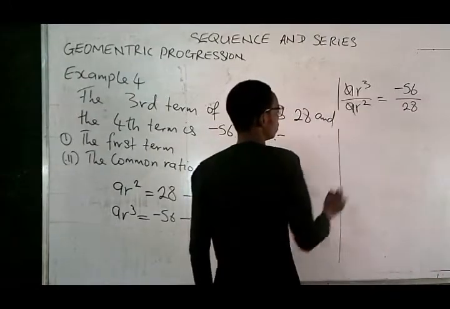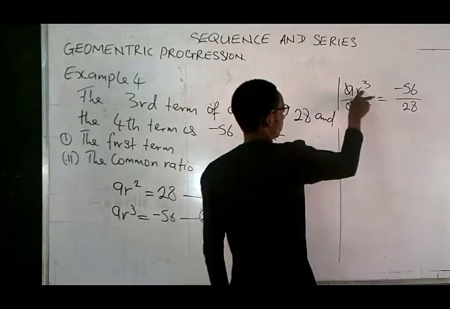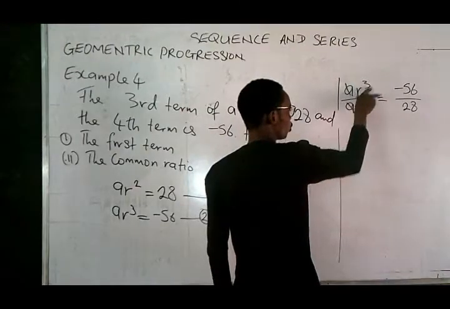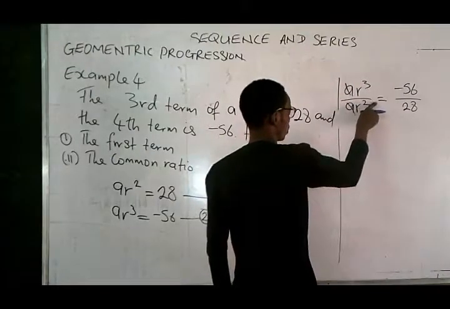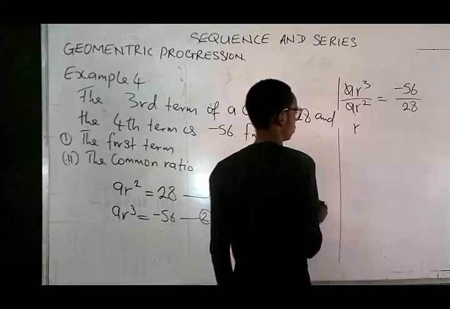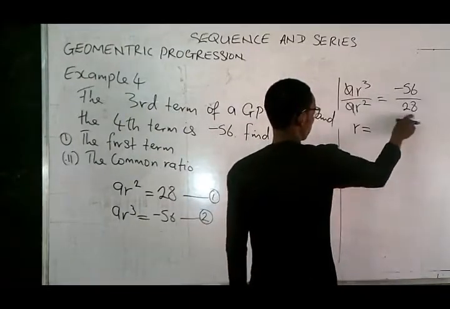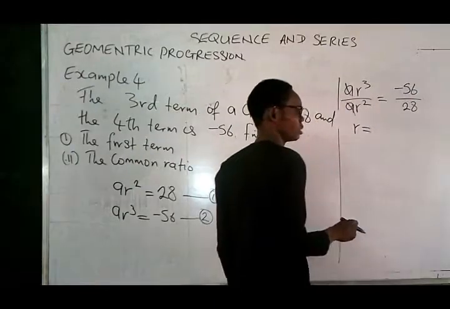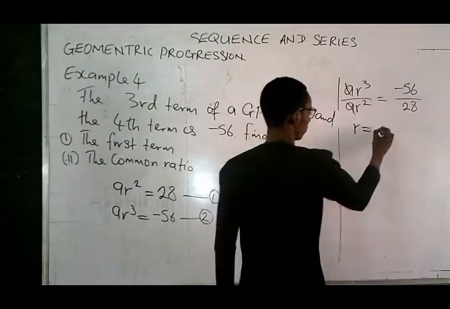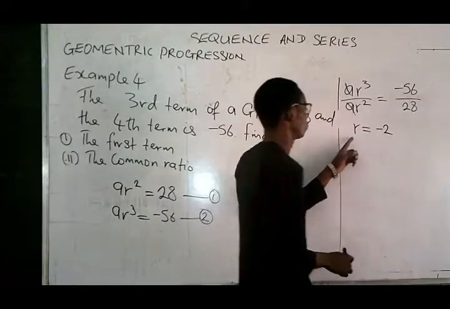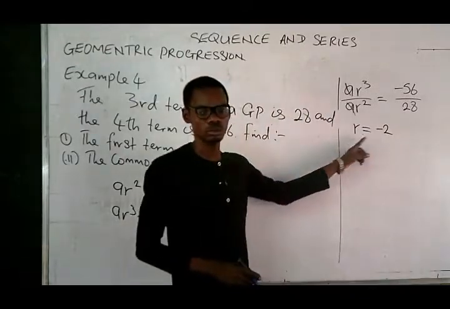A cancels A. r raised to power 3, r cubed, divided by r squared will give you r, and it's equal to minus 56 divided by 28. If you use your calculator, it's going to be minus 2. So the common ratio is minus 2.